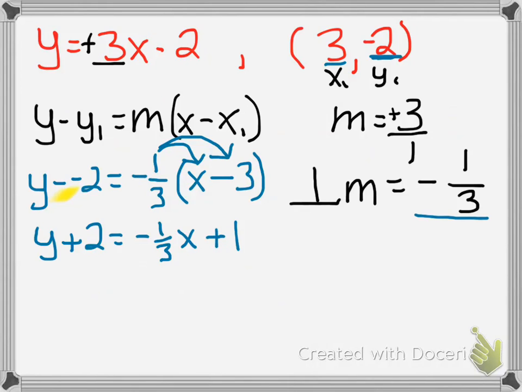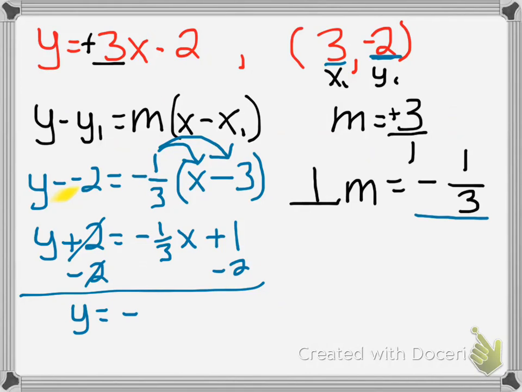Now I can solve for y. -2, combine like terms, cancel out. Y equals -1/3 x, +1 minus 2 is -1. Hence, there is my perpendicular line. This line would be perpendicular to the line that was given.